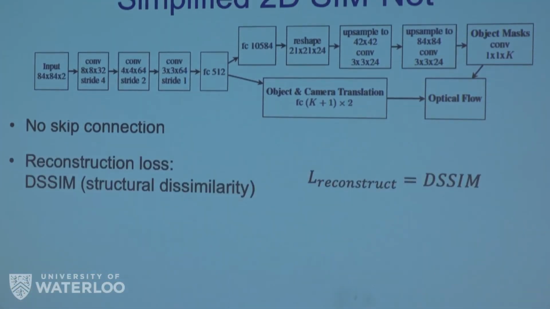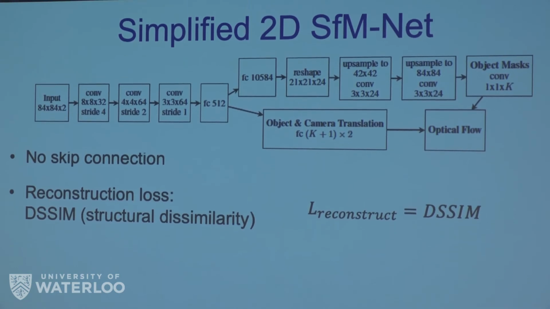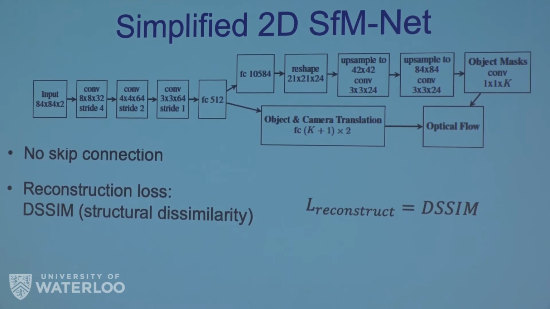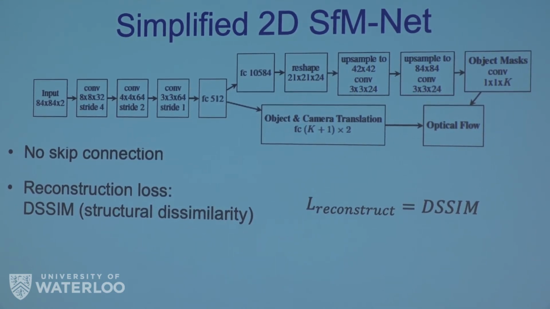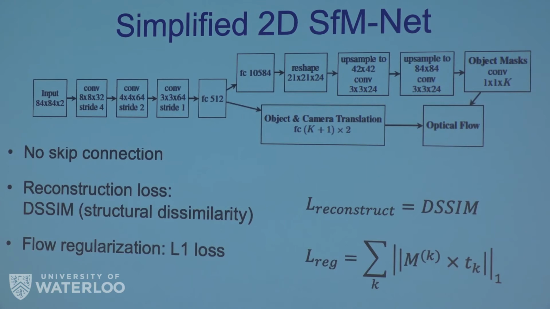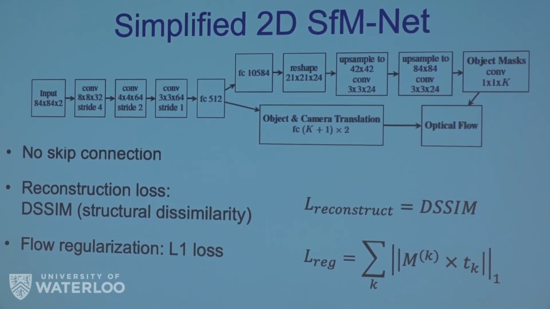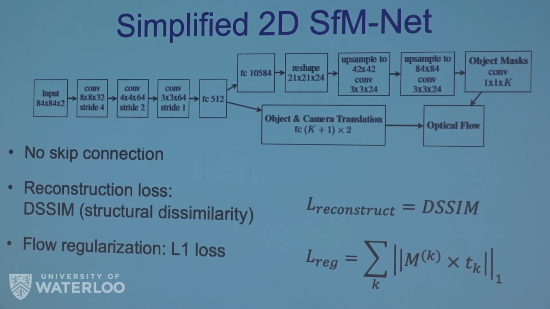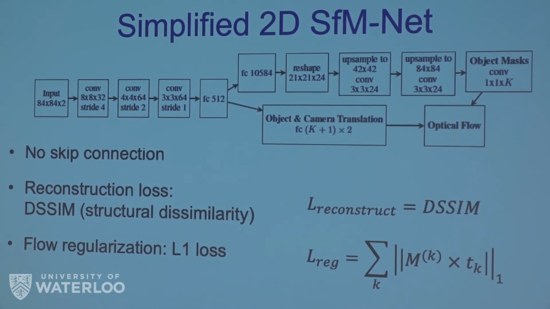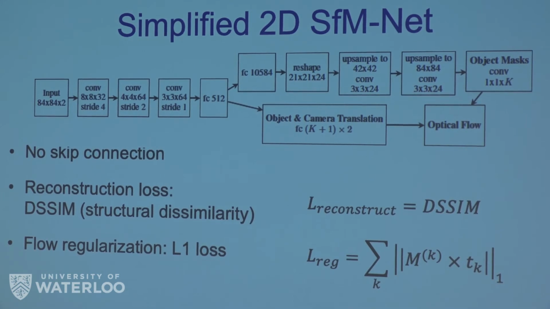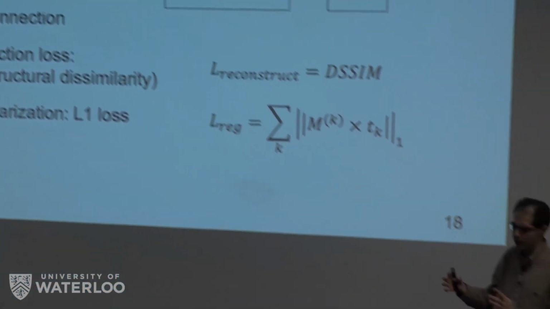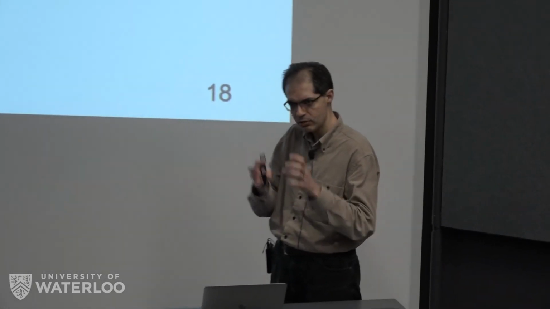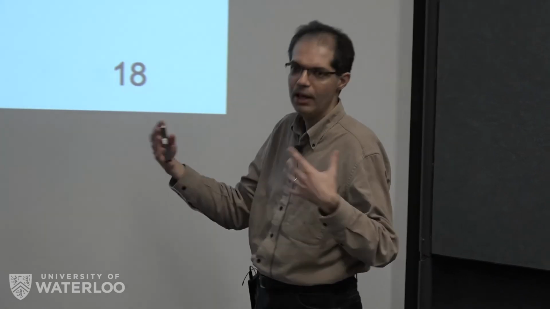We also changed the reconstruction loss. Just looking at Euclidean distance is not a good thing in the context of images, so instead we use a structural dissimilarity. We also did some flow regularization, using an L1 loss. This helped us make sure that our object masks tend to be small, because if you want to get a segmentation, it is important that you get just the objects, or just the pixels that are moving.